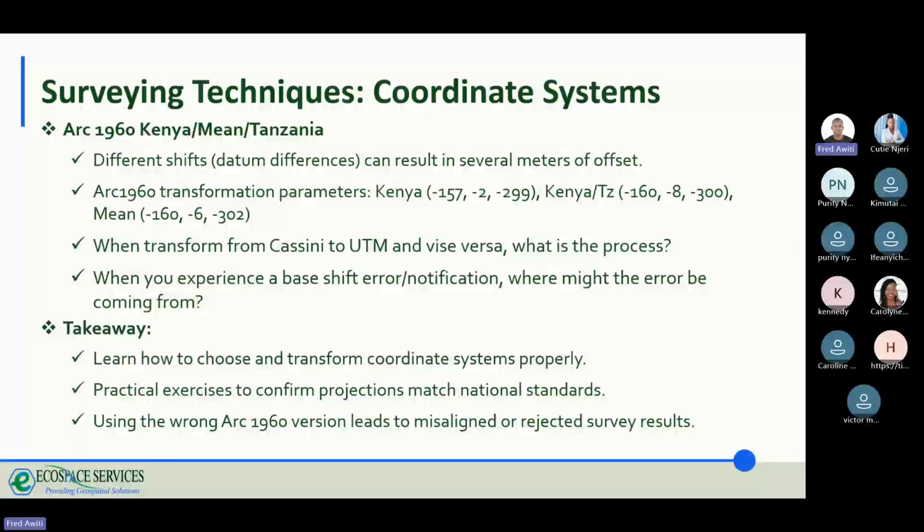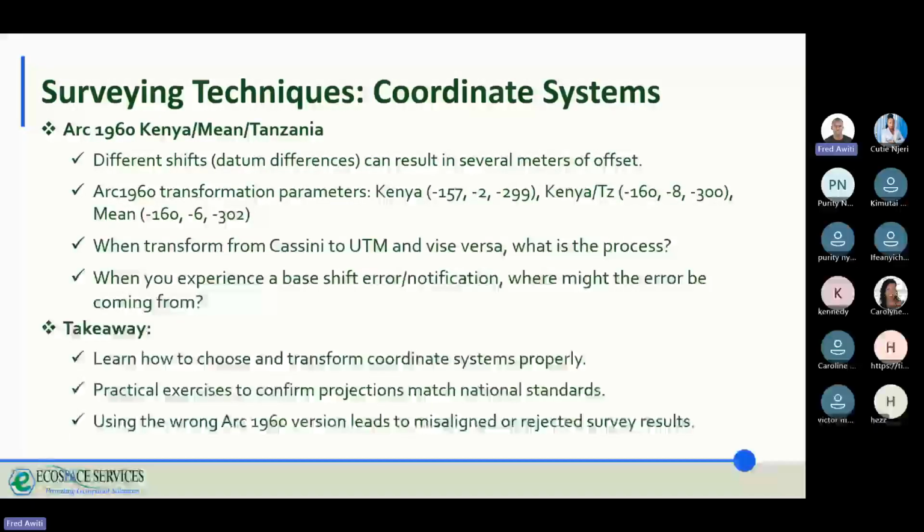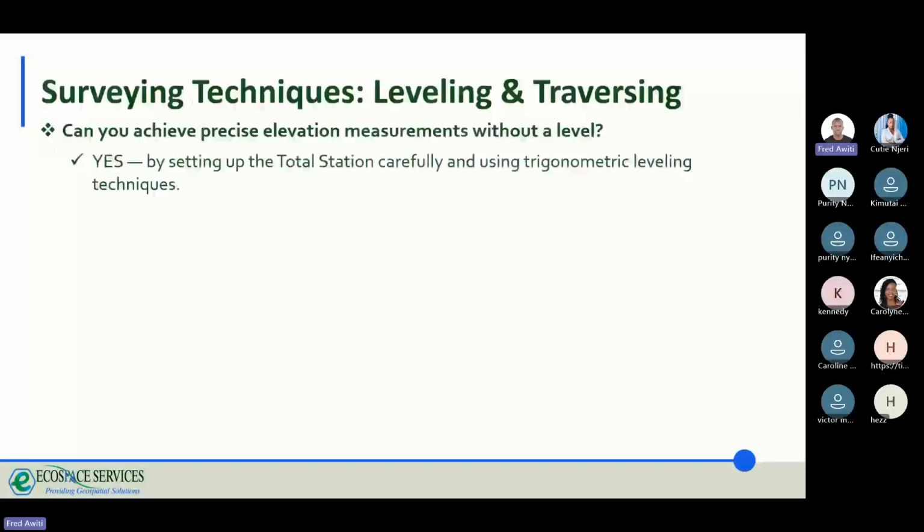So you might miss that. Do a practical exercise to confirm projections match the national standards, because using a wrong version leads to misalignment, or to rejection of the results. So that is on coordinate systems.